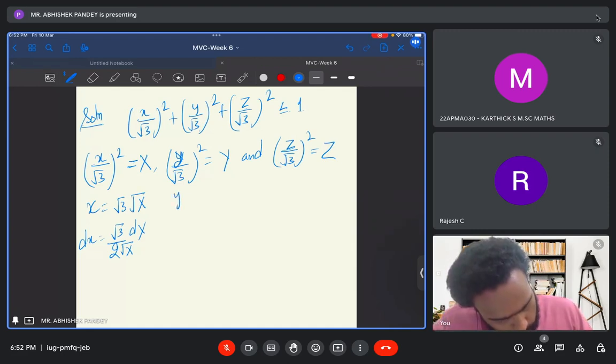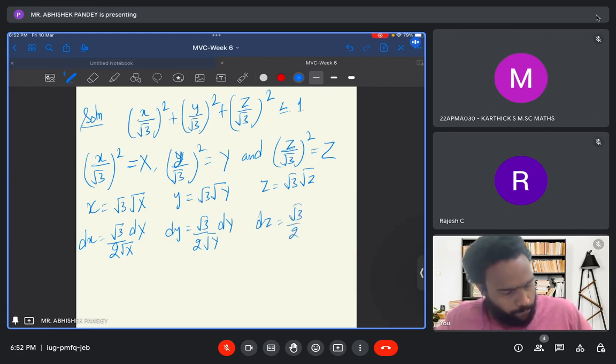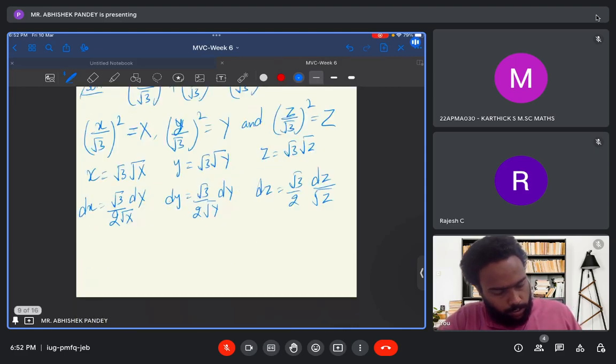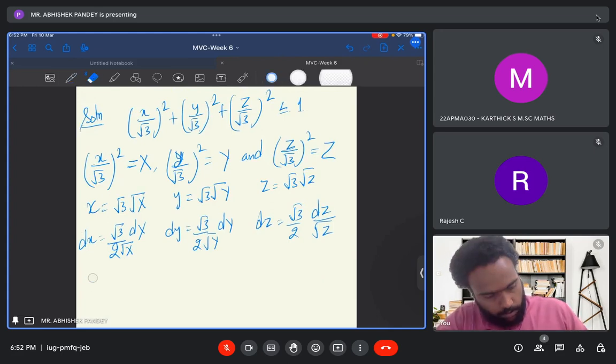And y is equals to root over 3 root over y, so dy is root over 3 by 2 root over y dy, and z is equals to root over 3 root over z, so dz is equals to root over 3 by 2 dz by root over z. Okay, so this integral will become, so let us write it from the next page.